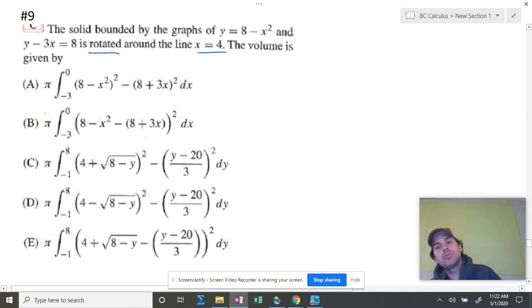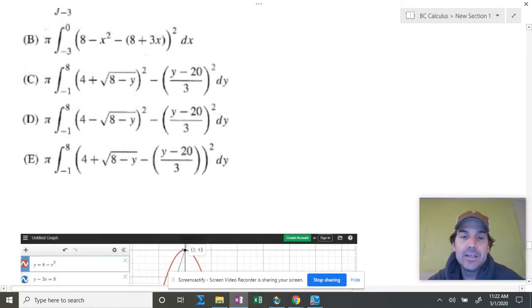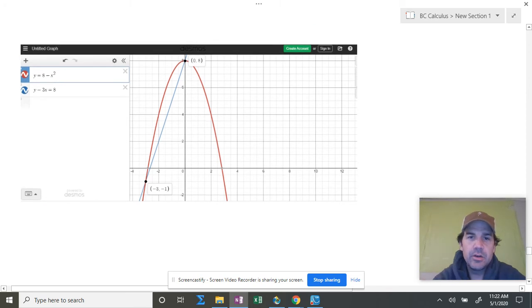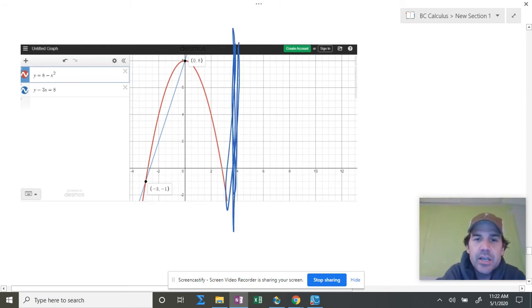Here's another one of those gross ones where you're rotating around something that's just kind of off in no man's land. Here it is. So here you're rotating it around 4. Since it's over 4, it's always going to be 4 minus whatever your function is. So you do 4 minus your function.